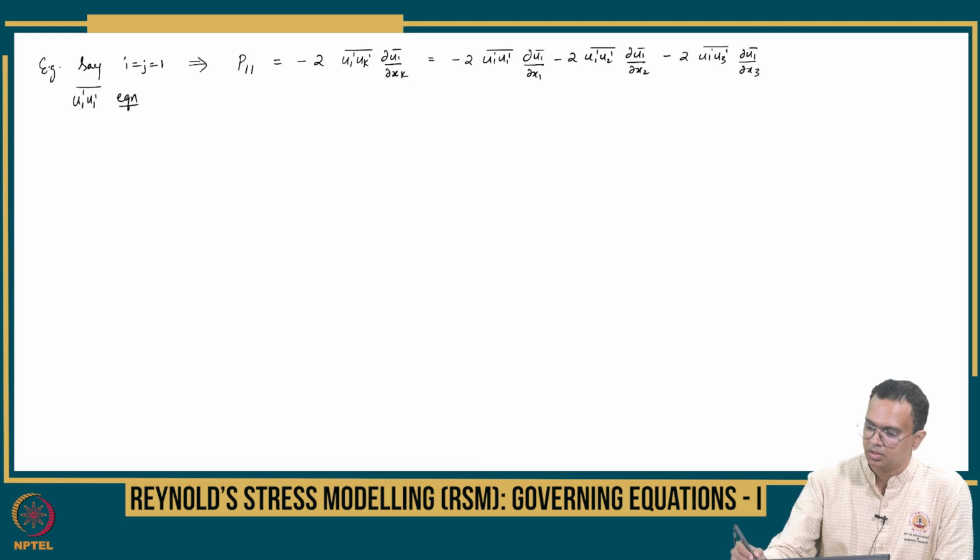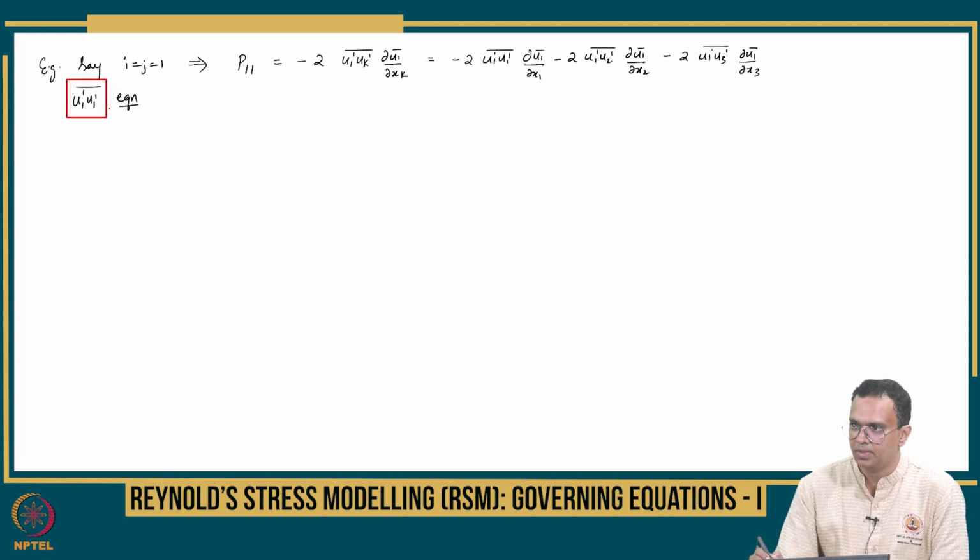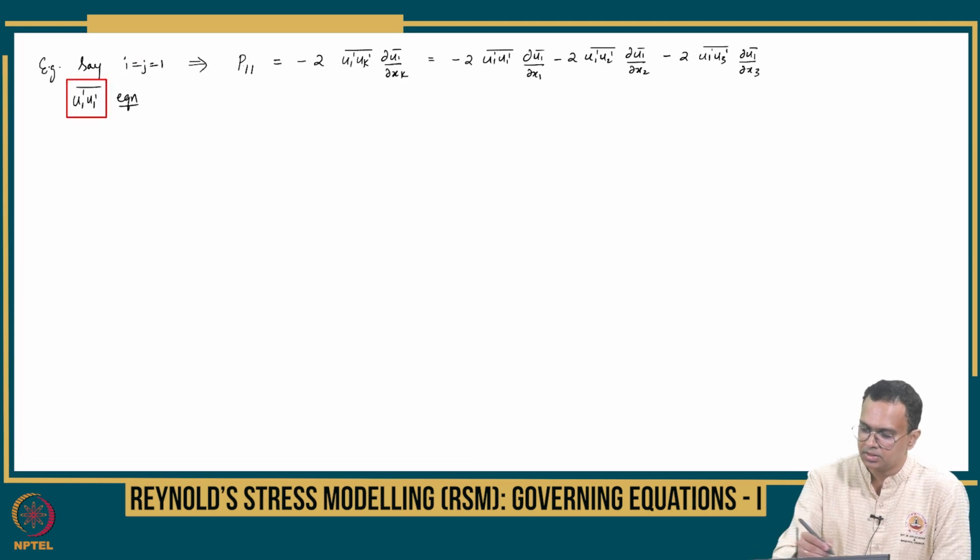So to compute this particular stress, u1 prime average, you would need access to u1 prime itself and the two shear stress terms, u1 prime u2 prime and u1 prime u3 prime average. So this equation is coupled to itself as well as the two extra equations, the transport equation for u1 prime u2 prime average and the transport equation for u1 prime u3 prime average.